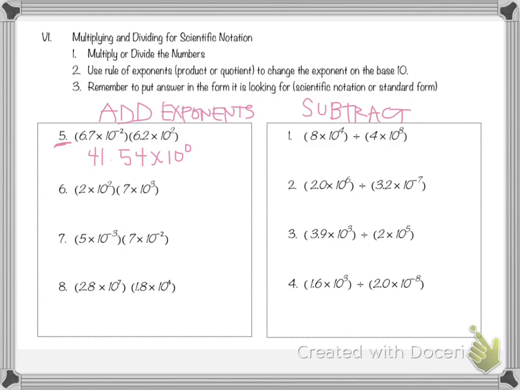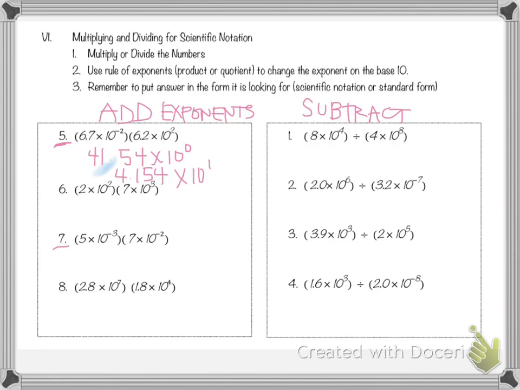So scientific notation, remember, is moving the decimal place over 1, okay? So if I move it over 1, this is now going to become 4.154 times 10, and I'm moving it to the left, so we're adding an exponent. So it's going to be 10 to the 1, okay?